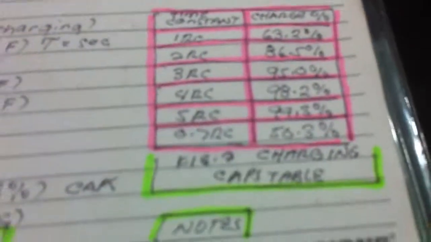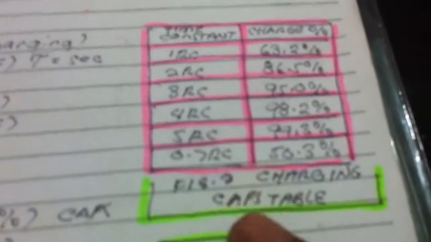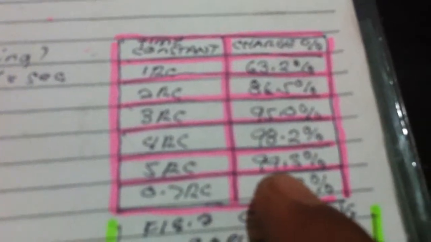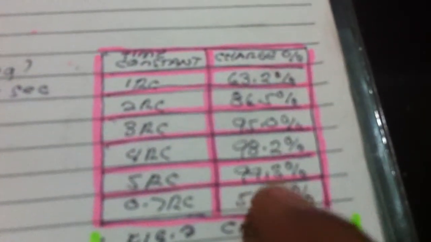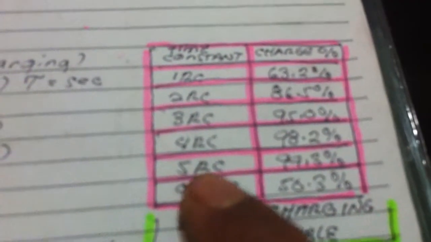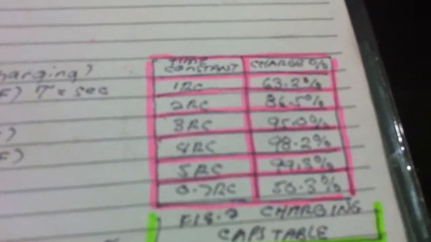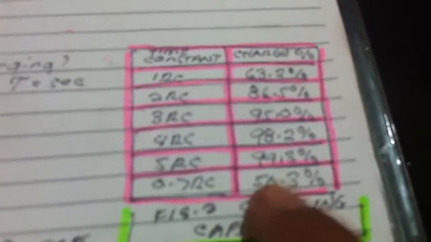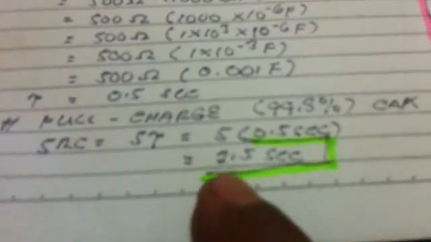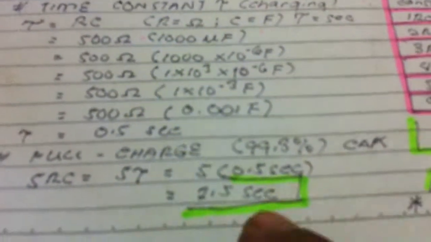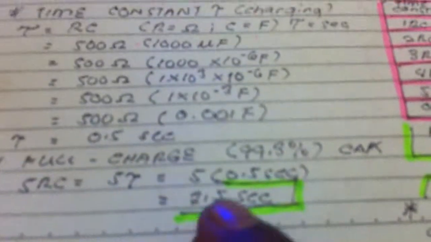And we got the remaining 0.7% here. This is not 100% fully charged at 5 time constants, just 99.3%, 5 RC. In 0.7 RC, we get 50% charge. So 5 time constants here is 2.5 seconds. It is fully charged in just 2.5 seconds here.